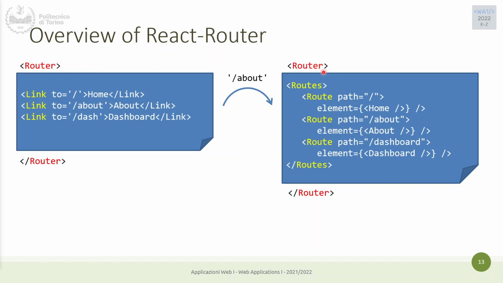And then in the core of your application, imagine that here you could have other components that are not routed, so you can have the fixed part of your application. And then this part is all embedded inside the browser router that we were talking about a few seconds ago. So you can see that it's quite straightforward, that for this part, we would like to render this element, for this part, this element, and so on and so forth.